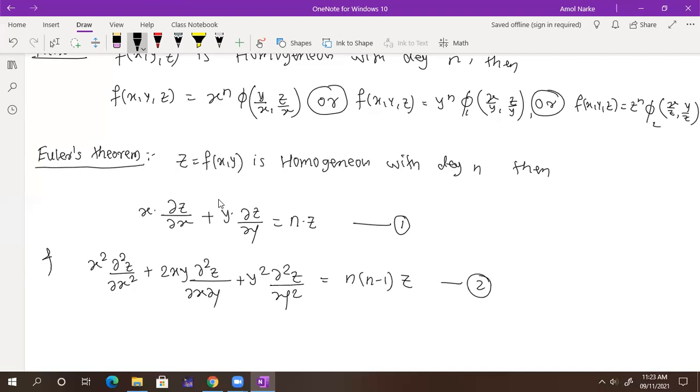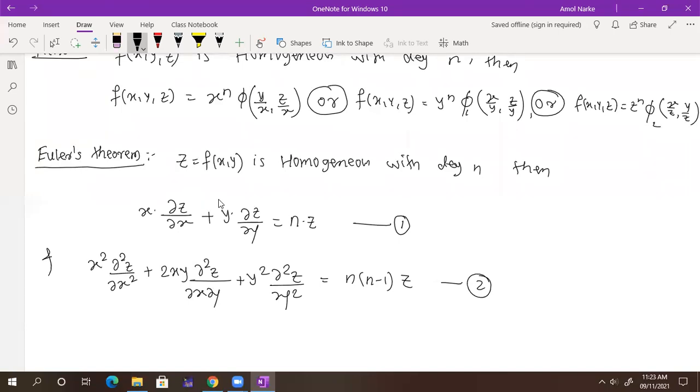Yes, very simple. Just remember, first see what we have here: x into ∂z/∂x plus y into ∂z/∂y, where n is nothing but the degree. So for finding this value, what we need to check is whether it is homogeneous with degree n. If it is, the answer is nothing but that degree into the original function. And for the double derivative, first square plus 2 into first and second plus second square.